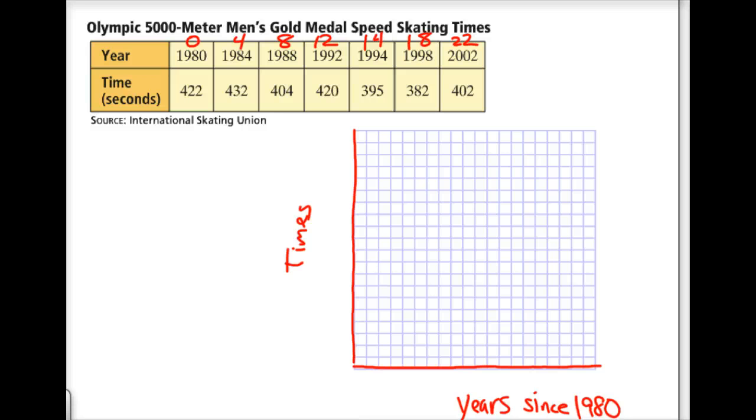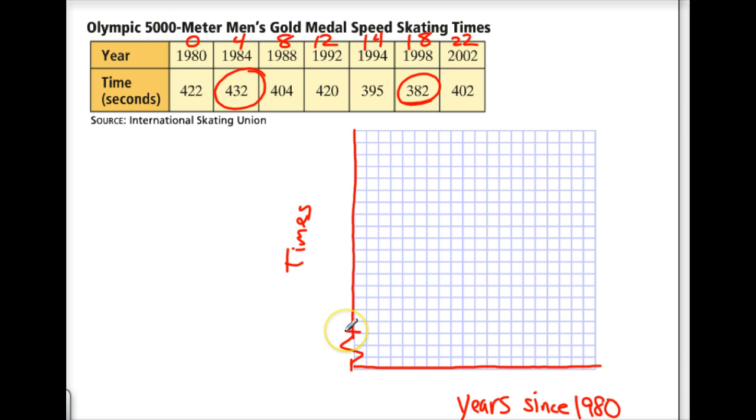And then the time. Again, you're going to look at what's the smallest time that you have here. It looks like 382, and the largest time looks to be about 432. So you're going to figure out what that interval is. From 382 to 432 goes up by approximately 50. So I might go up by 5s. So I'm going to, again, cut off my graph a little bit.